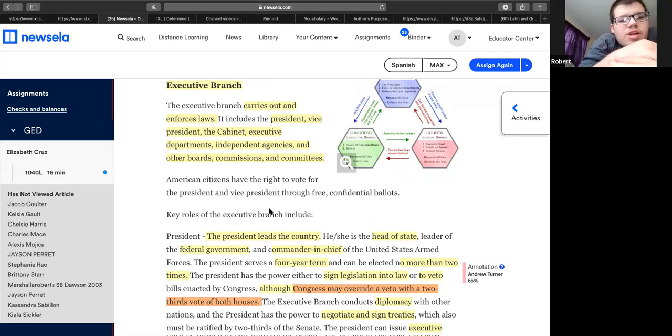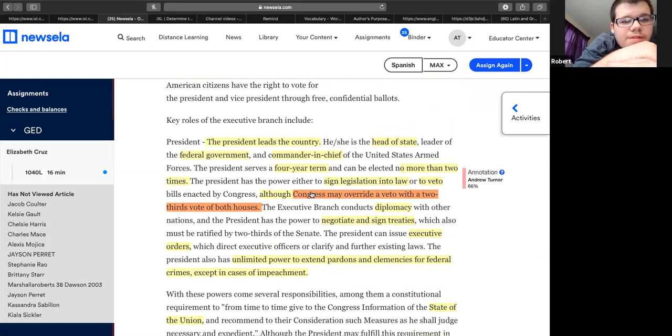The executive branch carries out and enforces laws. It includes the president, vice president, the cabinet, executive departments, independent agencies, and other boards, commissions, and committees. American citizens have the right to vote for the president and vice president through free confidential ballots.